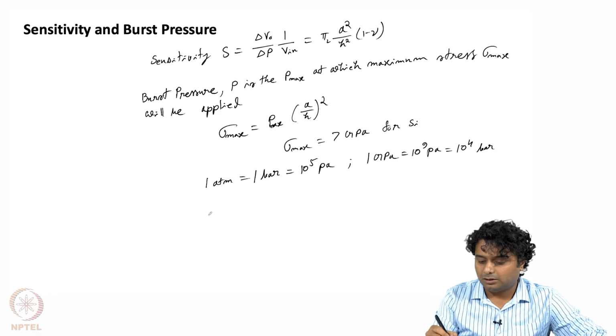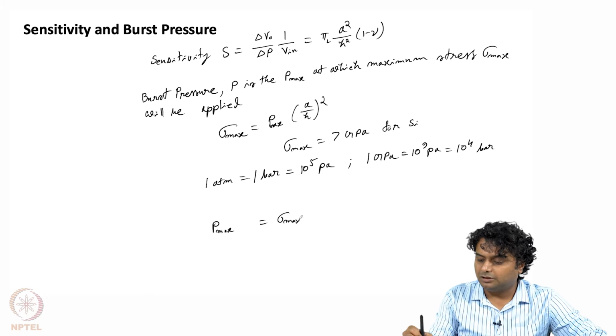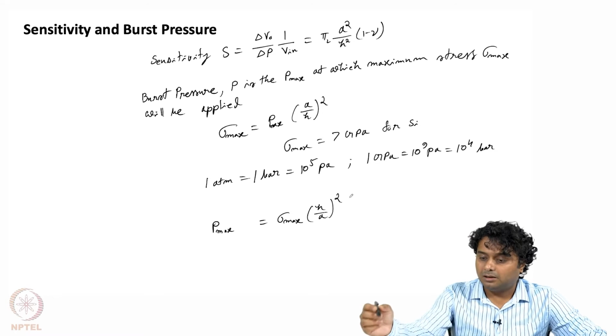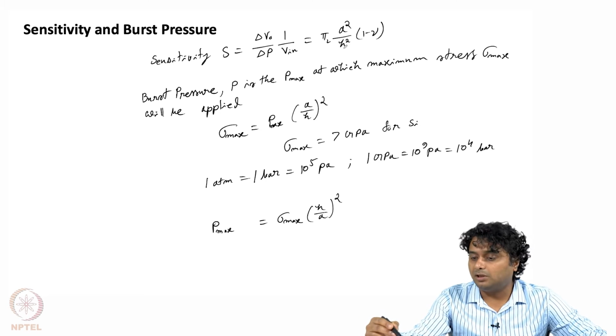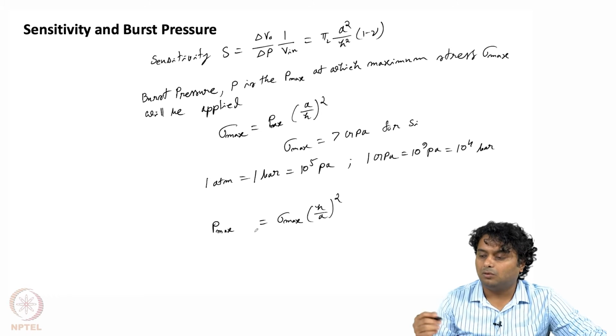So, here you see P max is equal to sigma max into H by A whole square. So, you can see that even though the sensitivity will increase if we decrease H, the P max will decrease. So, the range of pressure for which it can be used will be lesser.